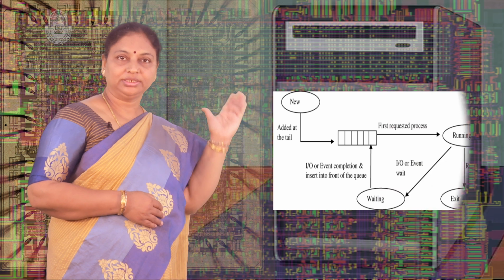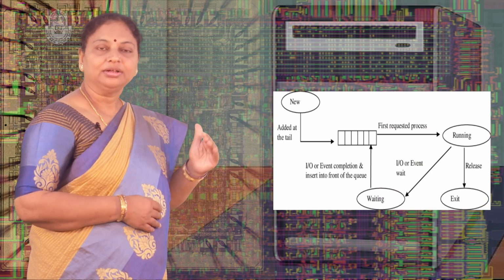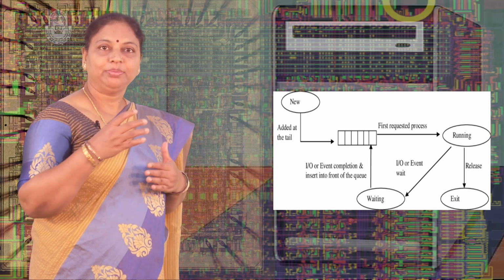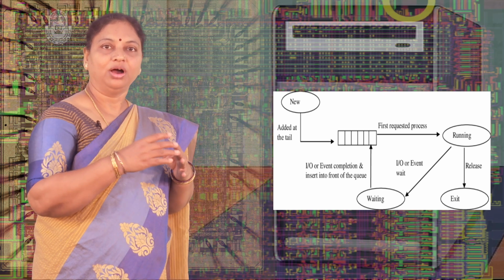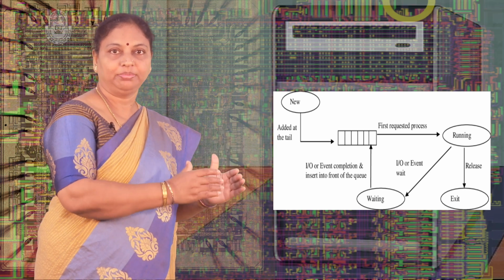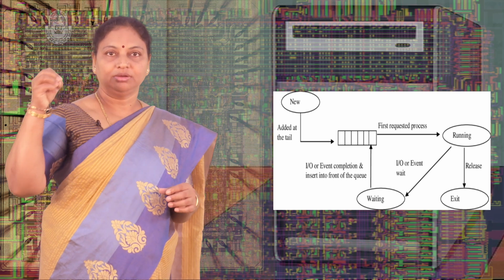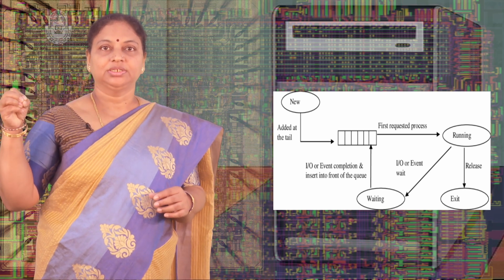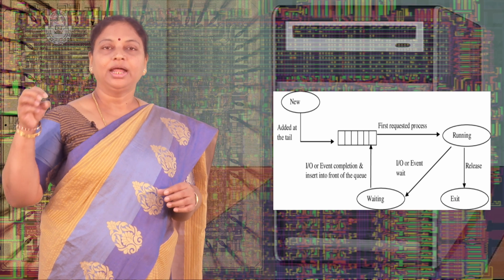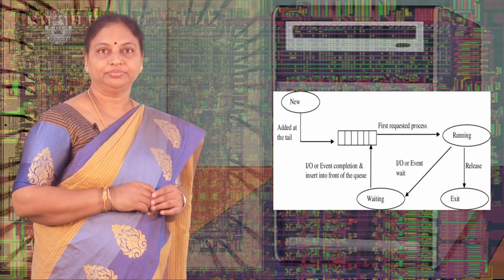The next non-preemptive CPU scheduling algorithm is shortest job first scheduling algorithm. So here we compare the CPU burst time of all the processes which are in the system at that particular time, and among them we pick the one with the shortest CPU burst time, and for that the processor will be allocated.